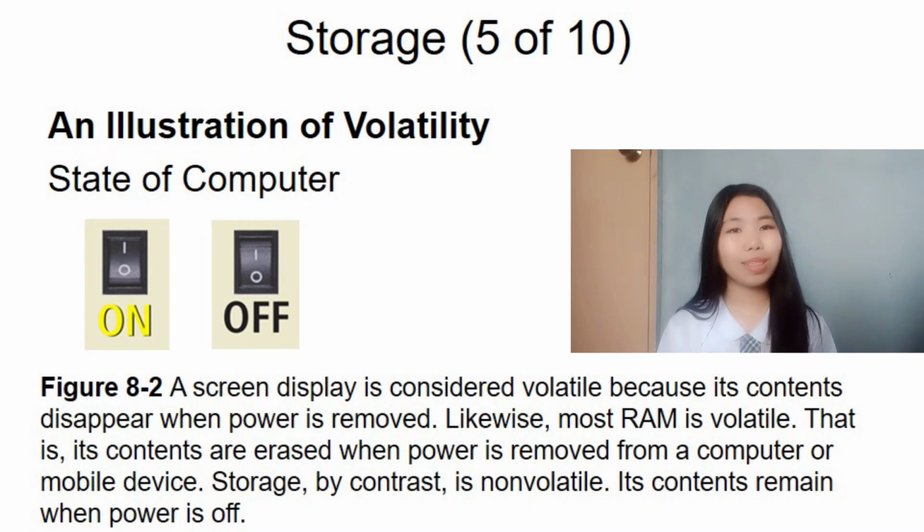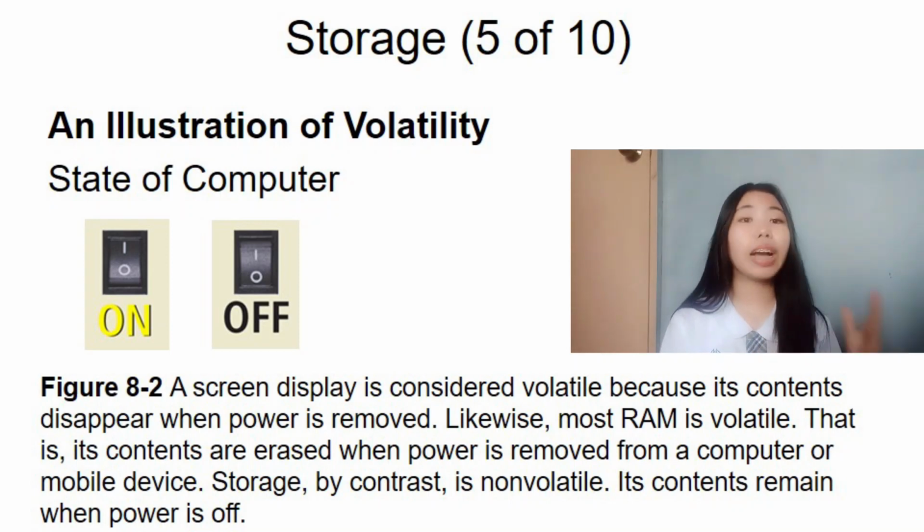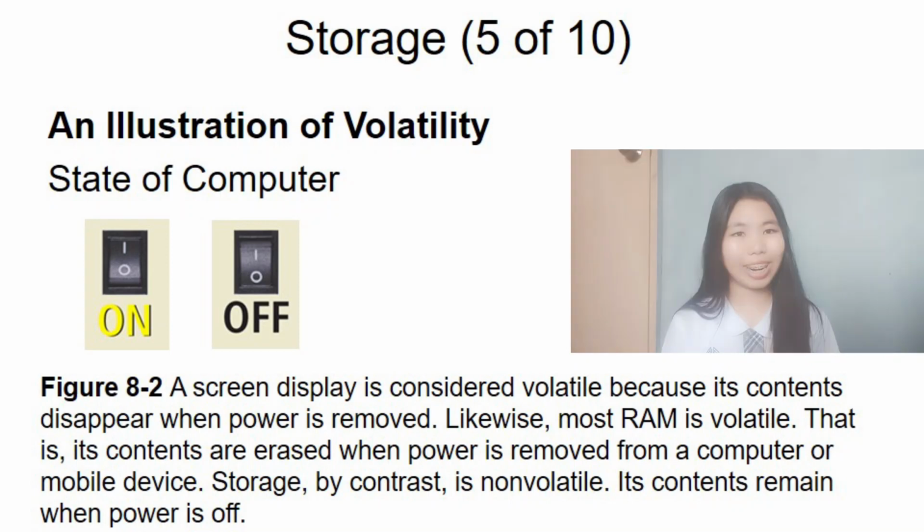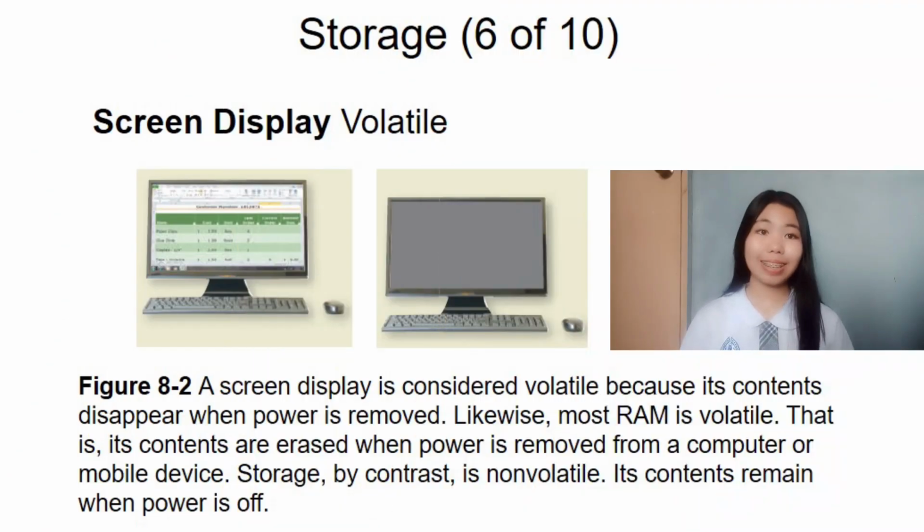Isang example nito ay ang storage, which is ang topic natin ngayon. Ang storage dahil kahit nawawala yung power niya or na-off siya, yung device na konektado sa kanya, or yung mismong device niya, nandun pa din yung content niya and hindi mawawala. Makikeep siya or masistore.